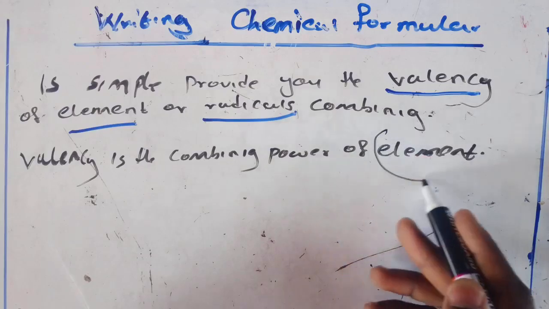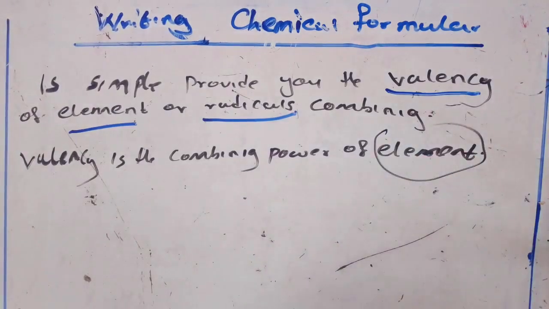Again, you know that an element is a type of substance made up of only one type of atom and cannot be split into two, either by chemical or physical means.